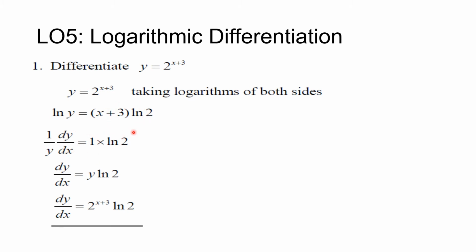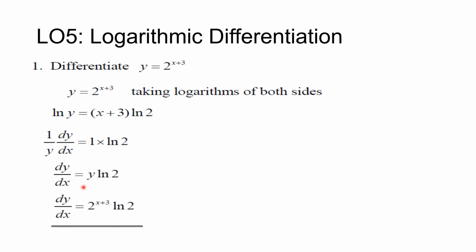Differentiating this, x plus 3 times ln 2, ln 2 is a number, a constant. So in order to differentiate this, it becomes ln 2 times x and 3 ln 2. Differentiating ln 2 times x gives you ln 2. Differentiating 3 ln 2 gives you 0 because it's a number.